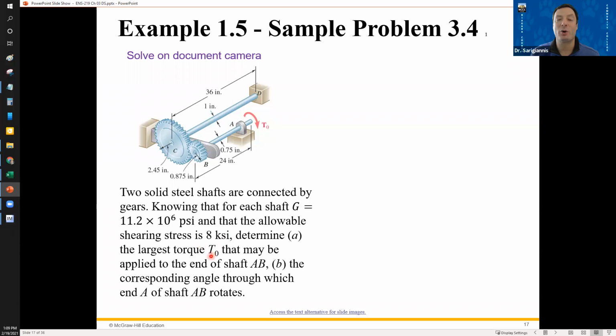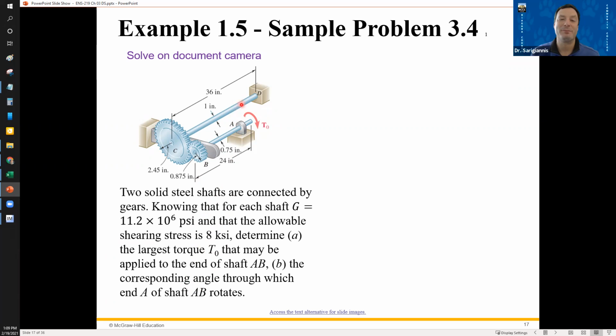Determine the largest torque, T naught, that may be applied to the end of shaft AB, and part B, the corresponding angle through which the end A of shaft AB rotates.